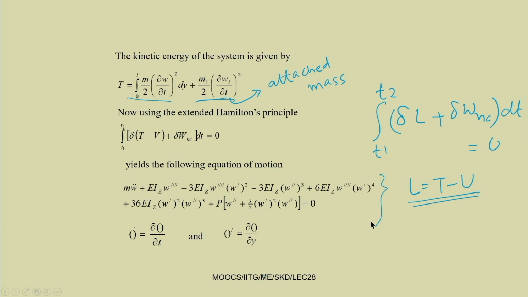So, here also we have this equation: m w double dot plus E I del fourth w by del s fourth, minus 3 E I del fourth w by del s fourth into del w by del s whole square, minus 3 E I del square w by del s square cube, plus 6 E I del fourth w by del s fourth into del w by del s to the power 4, plus 36 E I del w by del s whole square into del w by del s del square w by del s square cube, plus P into del square w by del s square plus 3 by 2 del w by del s whole square into del square w by del s square.